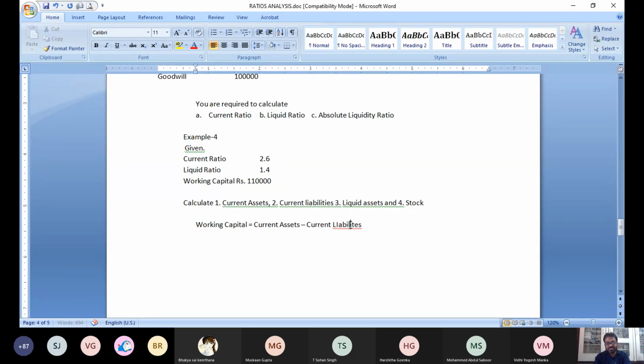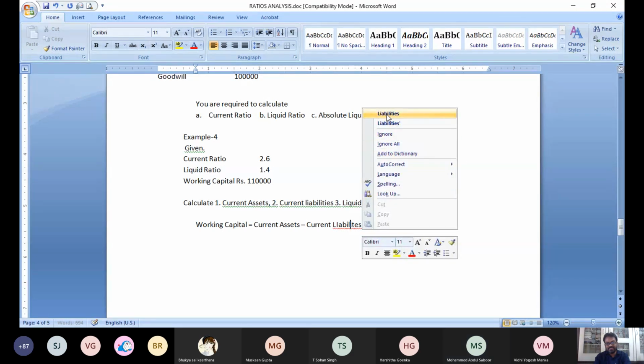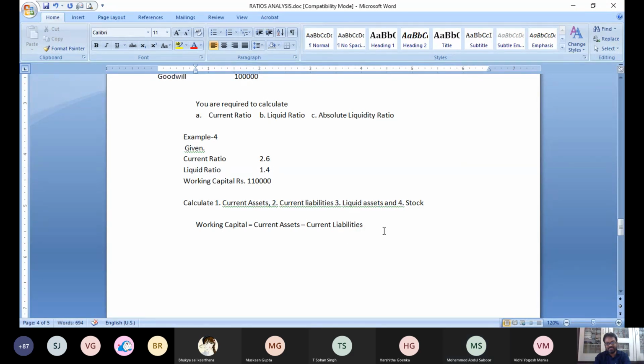Current assets minus current liabilities. Before the statement of changes in working capital, I already told you: gross working capital and net working capital. Simple working capital is equal to current assets minus current liabilities. Gross working capital means only the total of current assets. Generally, remember, working capital is equal to current assets minus current liabilities.